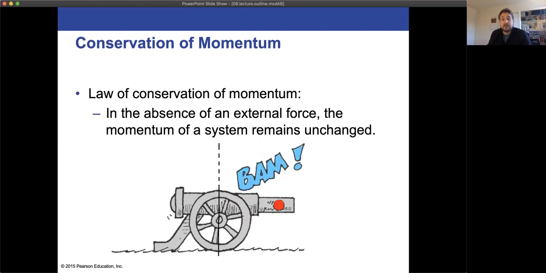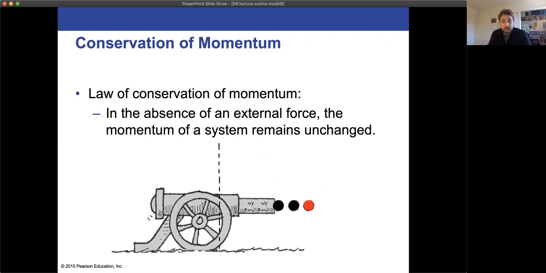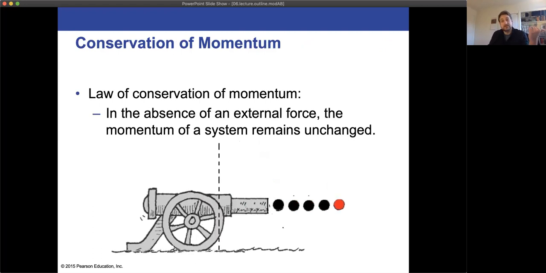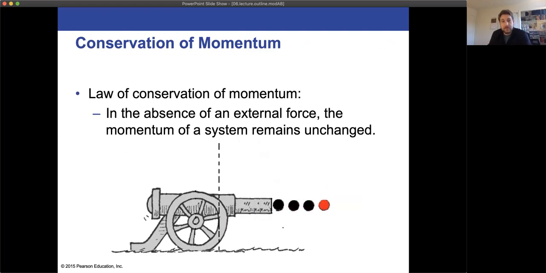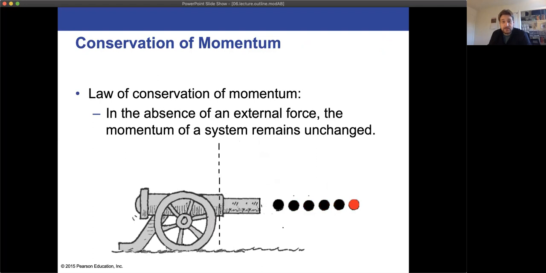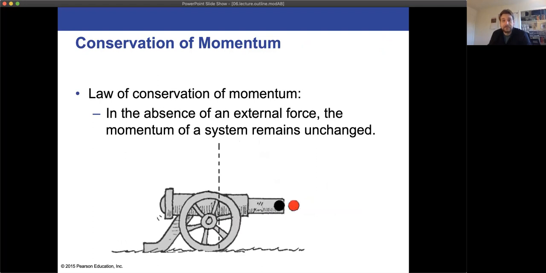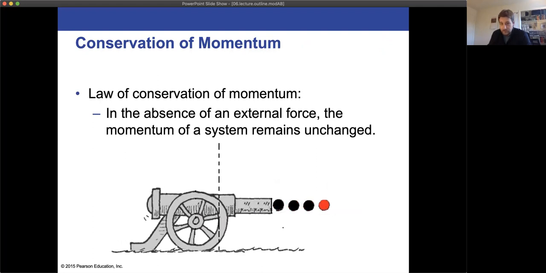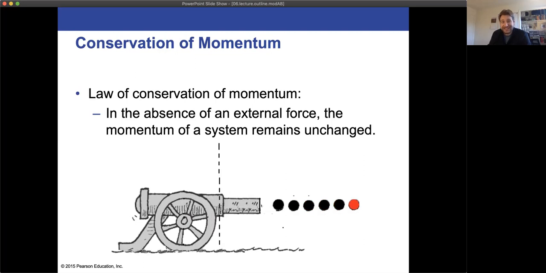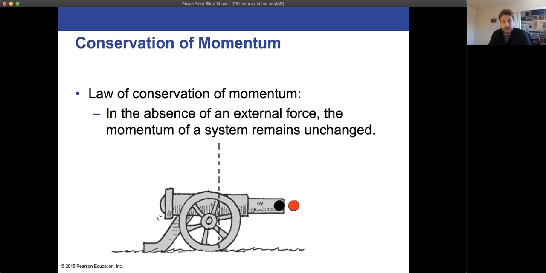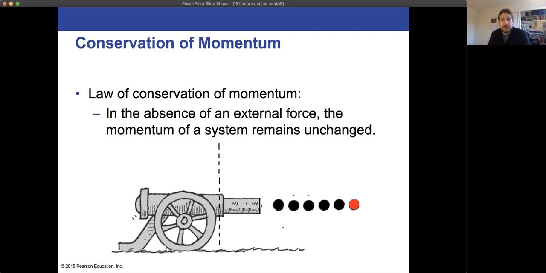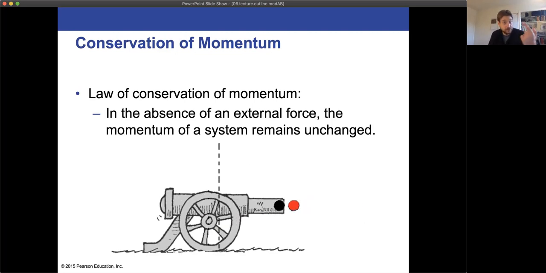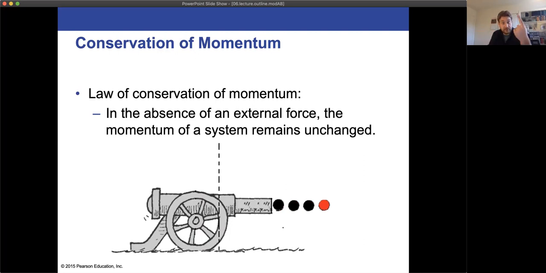Note that in this animation, the cannon is moving backwards while the cannonball is moving forwards. Initially, just before we fire the cannon, the total momentum of cannon and cannonball is 0. Neither is moving. But then, boom, we fire the cannon, and the cannonball goes forwards with some mass and velocity.